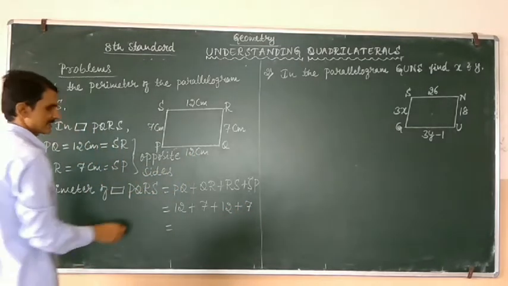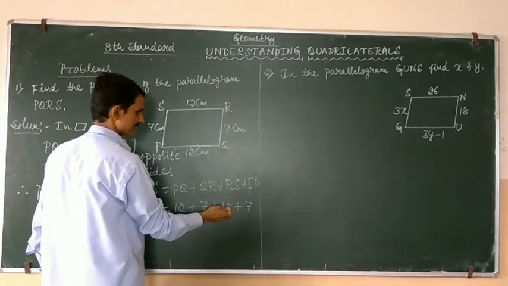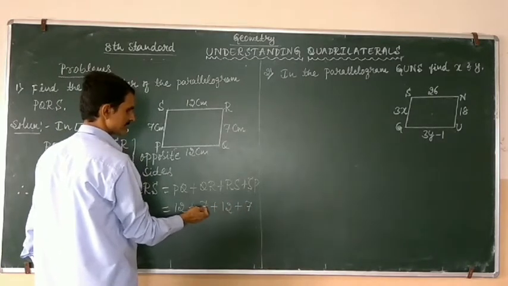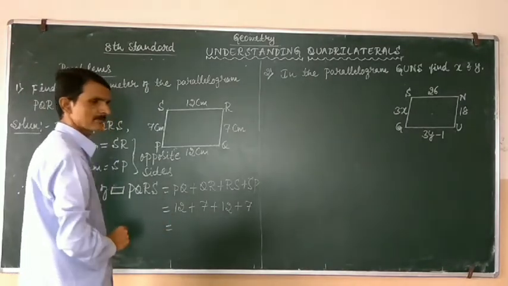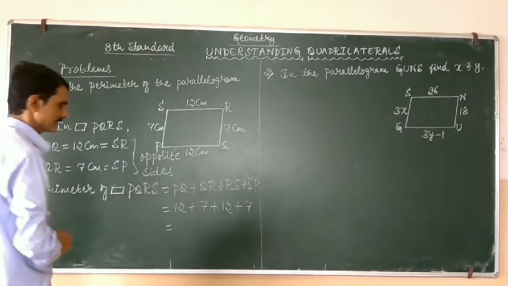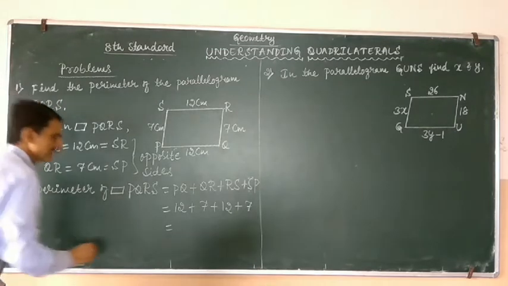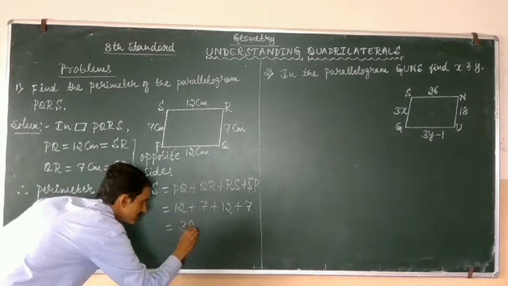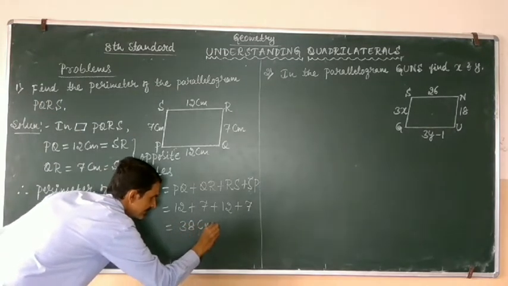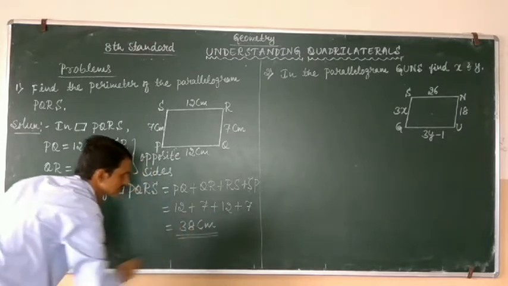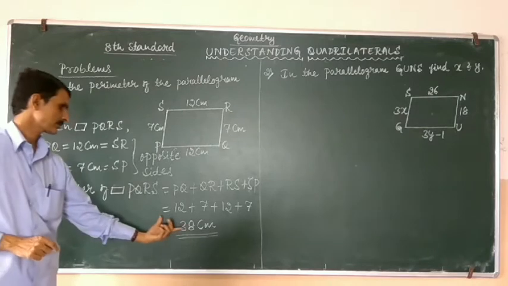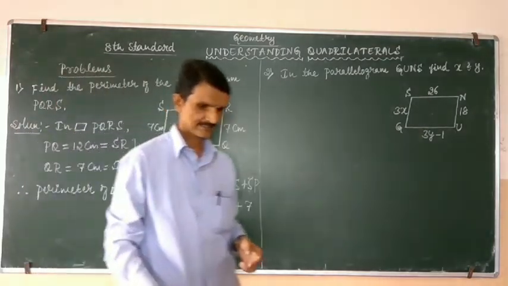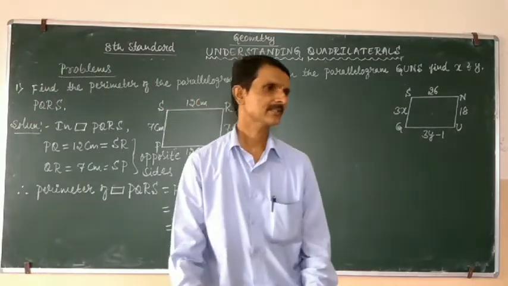If we add this, 7 plus 12 is 19, 19 plus 7 is 26, 26 plus 12 is 38 centimeter. Therefore, the perimeter of the parallelogram PQRS is 38 centimeter.